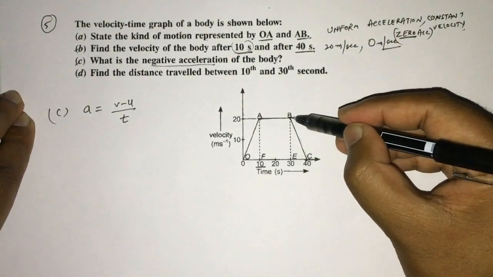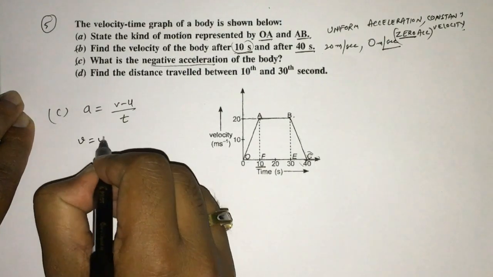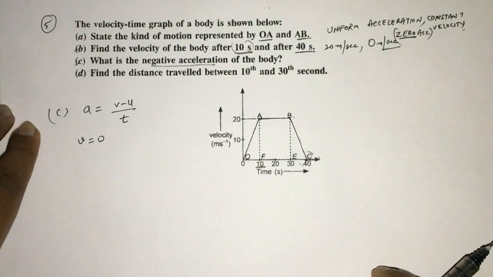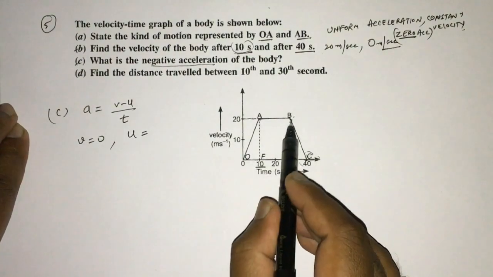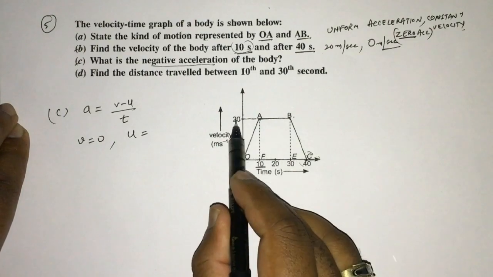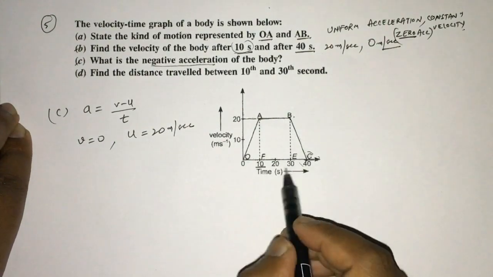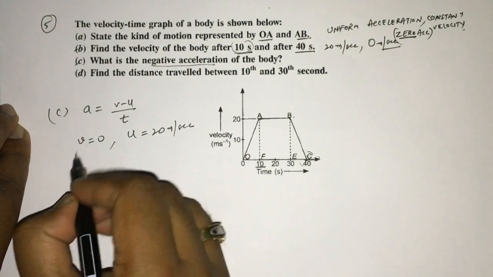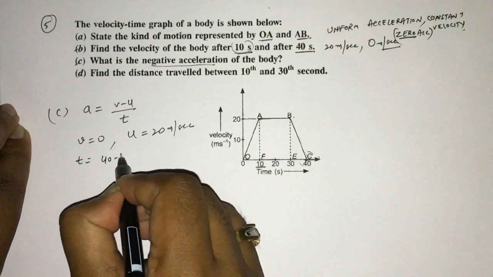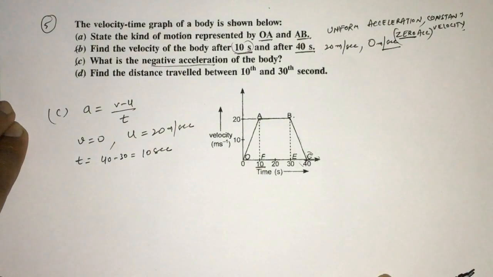Now in region B to C, the final velocity of the body is 0. At C, the velocity becomes 0. But the initial velocity, at point B, is 20 meter per second. From B to C, the time is from 30 to 40, so 40 minus 30 is equal to 10 seconds.